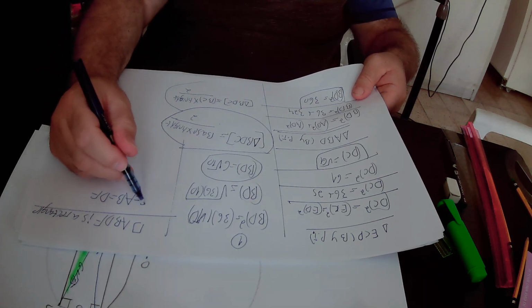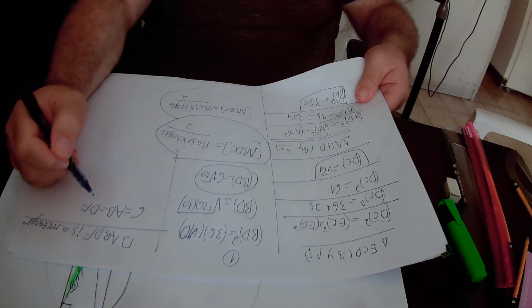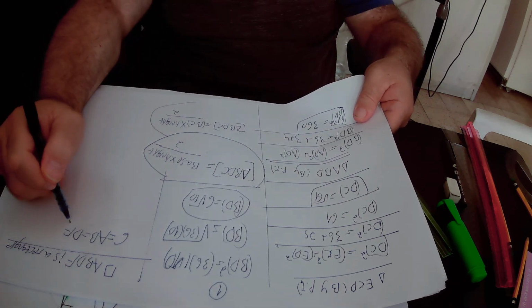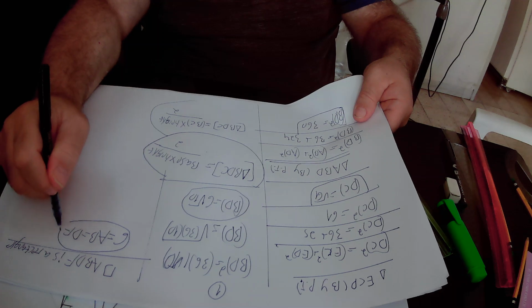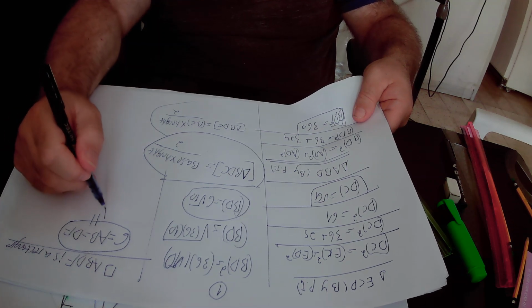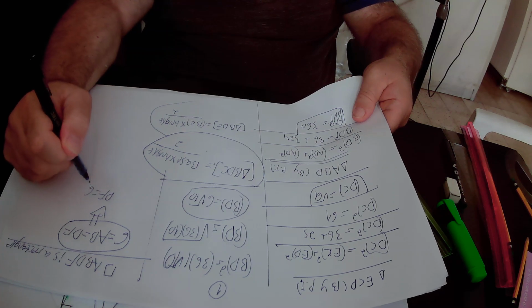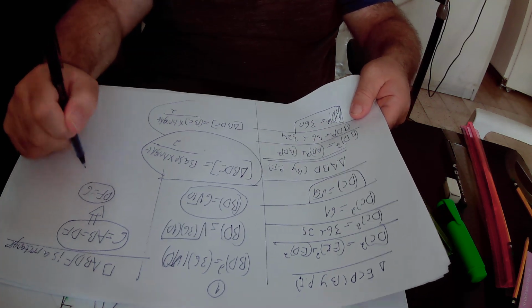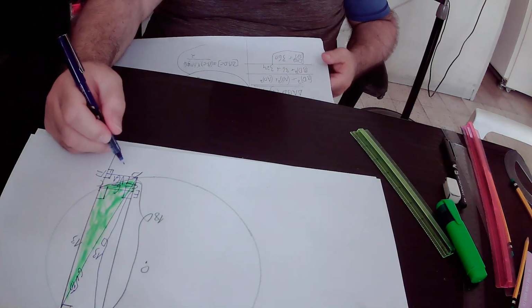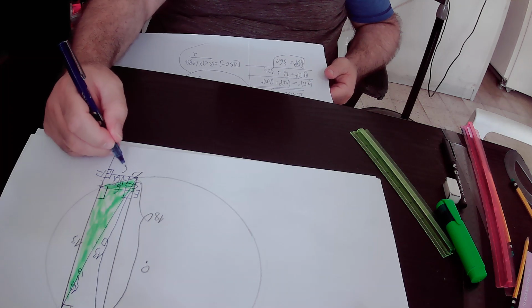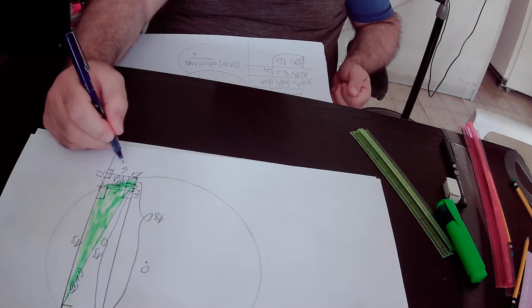So we can write here AB equals 6. And from this equation, 6 equals AB equals DF, we will derive that DF is also equal to 6 units. Now DF equals 6 units, and DF is actually the height.